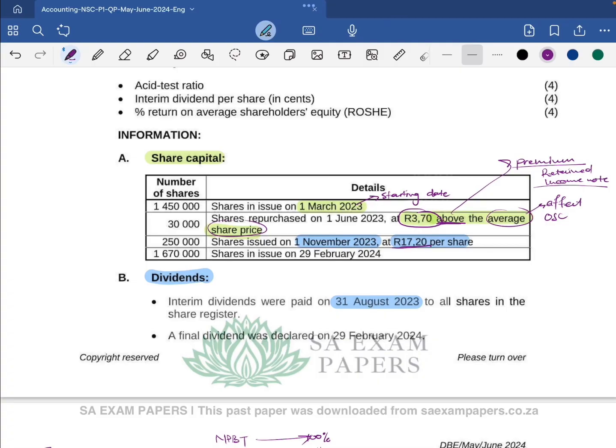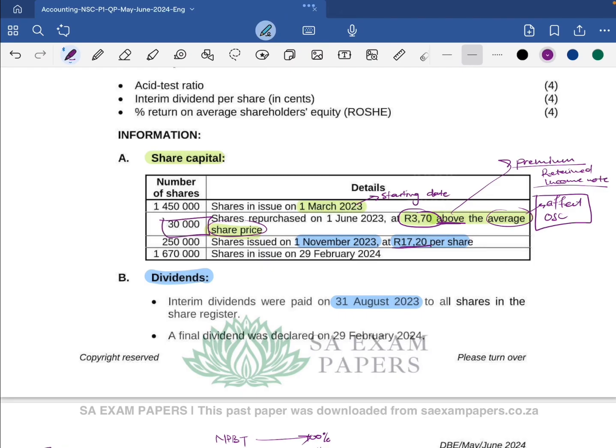So the 370 was the amount that was above the average share price. So now we would need to find the amount of these shares that will affect our ordinary share capital, which is basically our average share price. And then now let's figure out a way to do that. So we know already that it was 30,000 shares, okay?